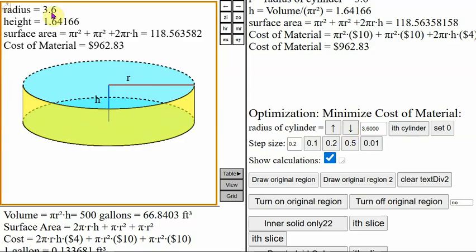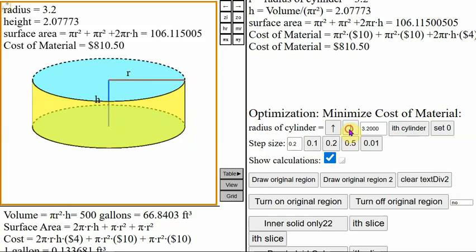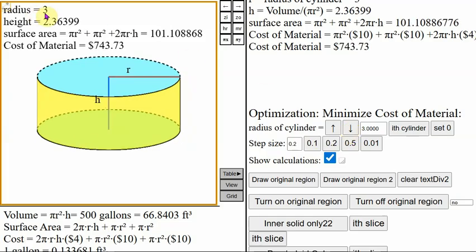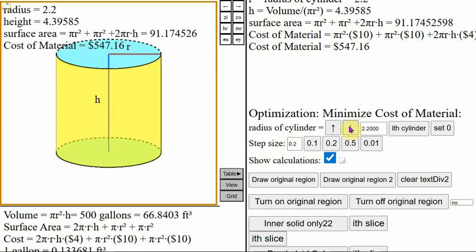Right now the radius here is 3.6 feet. And now the radius is 3 feet, and the corresponding cost is $743.73.